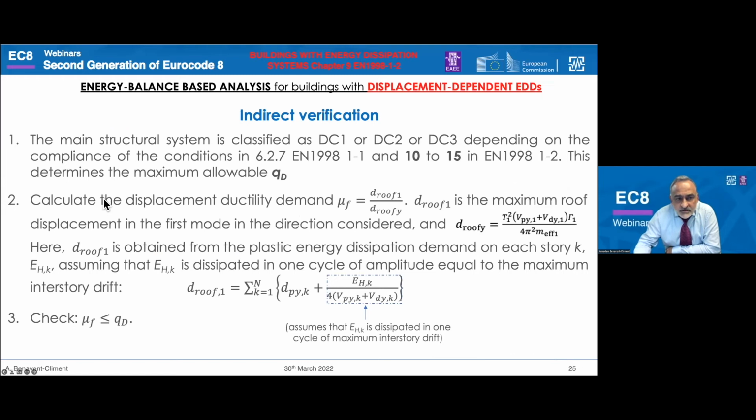The main difference here is that the maximum roof displacement is calculated also from energy considerations by assuming that the total energy that must be dissipated through plastic deformations on the K story is dissipated through a single cycle of amplitude equal to the maximum interstory drift. So once we have the maximum roof displacement in the first mode calculated, we check the same condition as before.